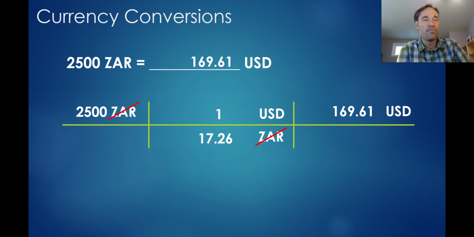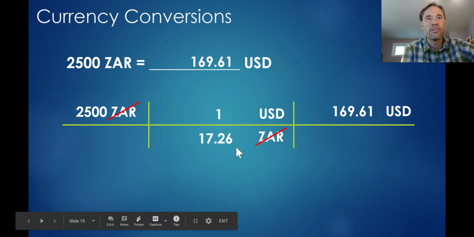So when I started this journey, I had $169.61. And I traveled along my way and I converted this money throughout my travels. And of course, I bought things throughout, and so I didn't have the same amount when I started as when I ended. But it's important to know that I could make my conversions at any point as long as I knew approximately what the conversion factors are for these.